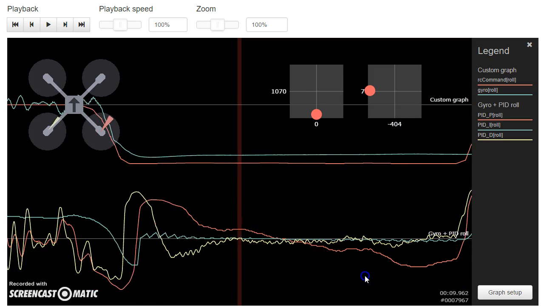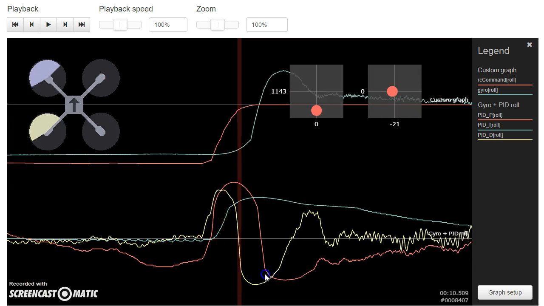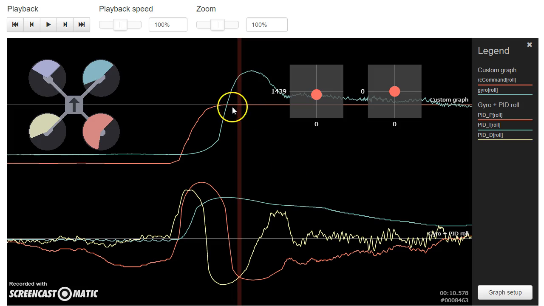Yeah, I think of these three, the first one with the lower P value of, I think, 3.0 has the cleanest sort of trace, with the P term most closely approximating the correct angular rate. But I'm not convinced that that actually is resulting in less overshoot.